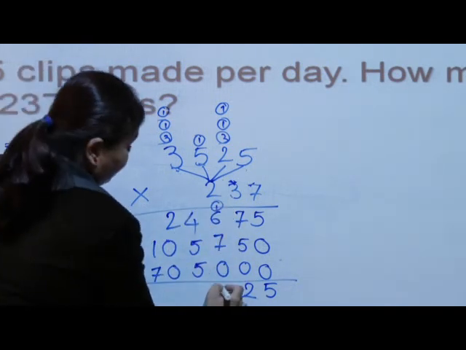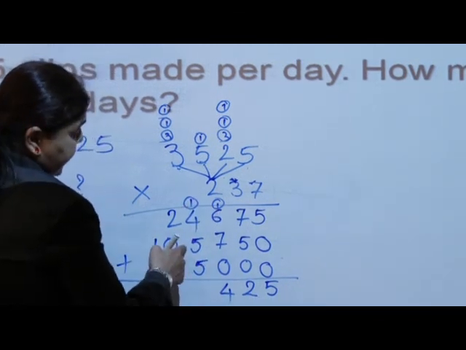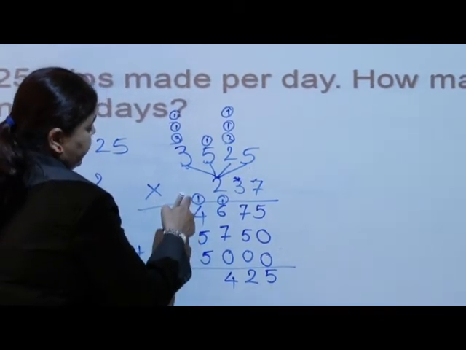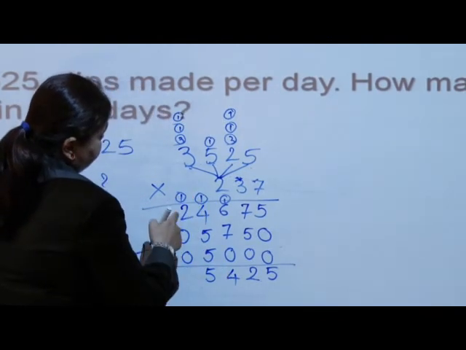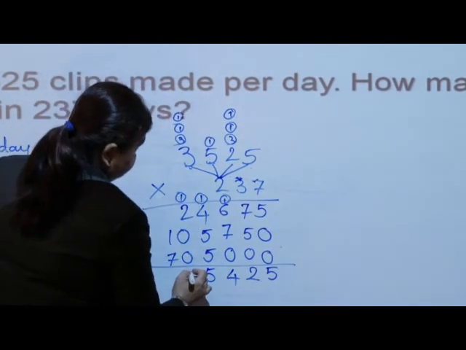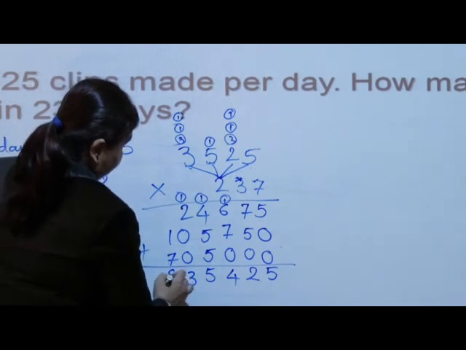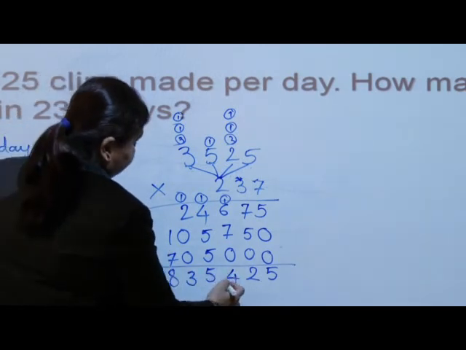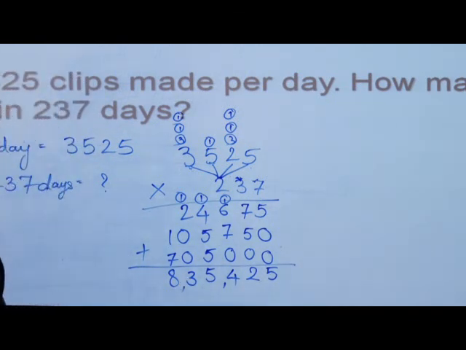7 7 14. 1 carry. This is 10. This is 14. And 1 is 15, 1 carry. What will be 2 plus 1 is 3. Next 7 plus 1, 8. Now after 3 digits, after 2 digits, I have to put the comma. What we had got?